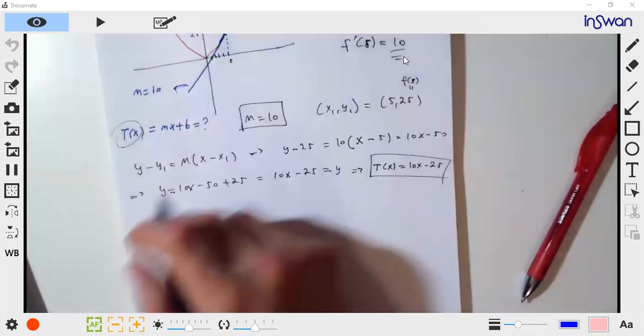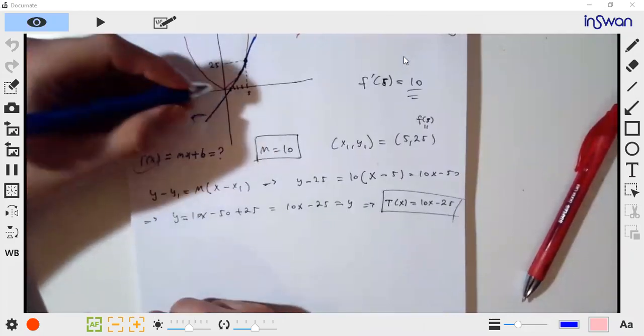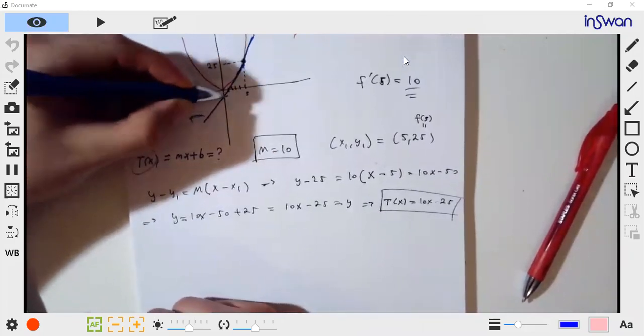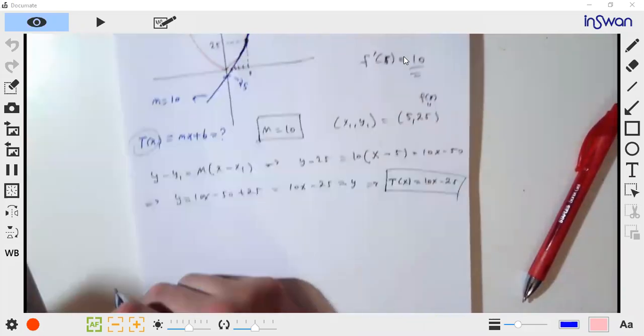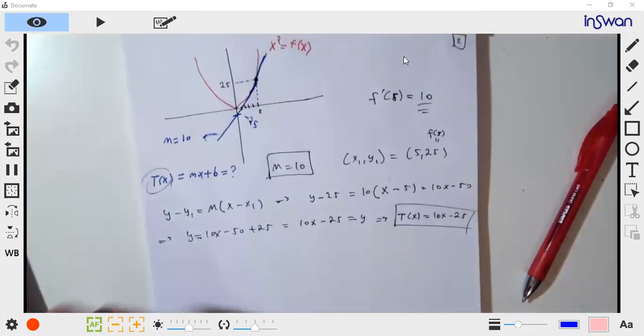So that means over here, the y-intercept is minus 25. Clearly, I have not drawn the tangent line to scale, okay? But if I had drawn it perfectly, the y-intercept would be negative 25. It has slope 10. There you go.